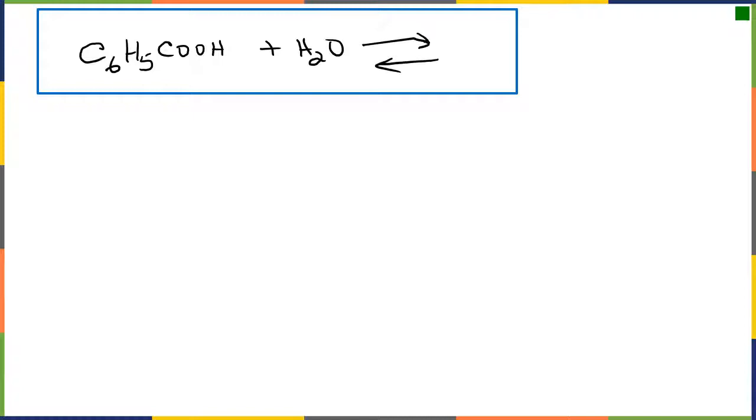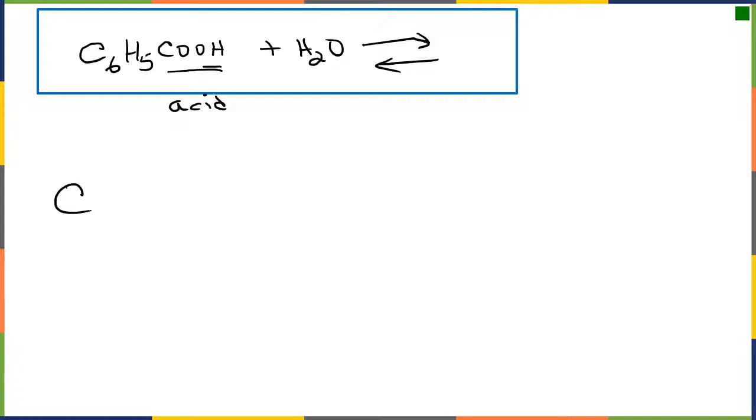So if we considered putting C6H5COOH in water, first thing we have to do is identify whether or not we have an acid or a base. And if we look at this, we see the COOH, and this is going to be an acid.